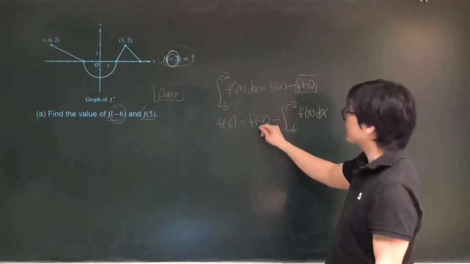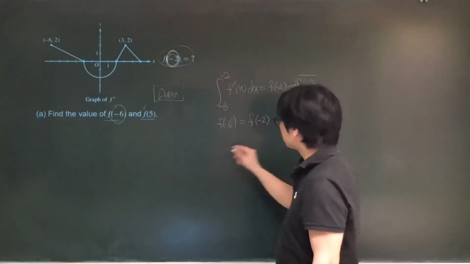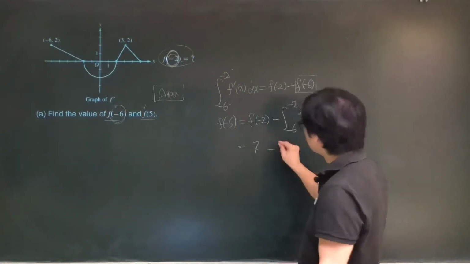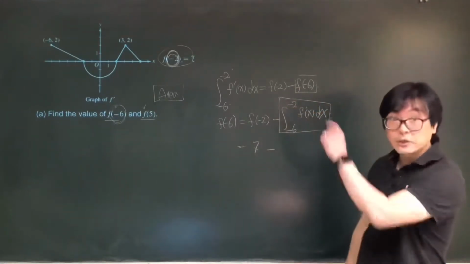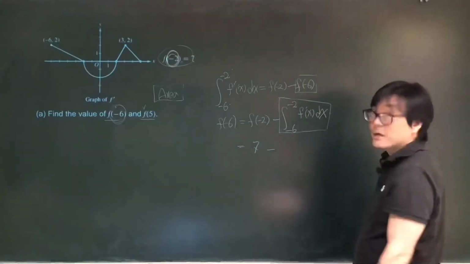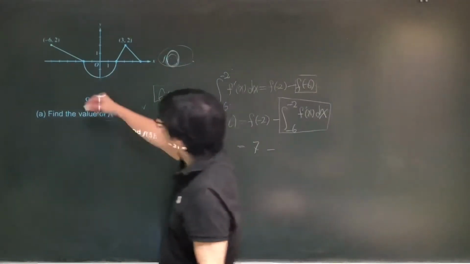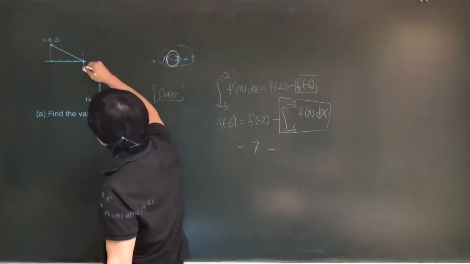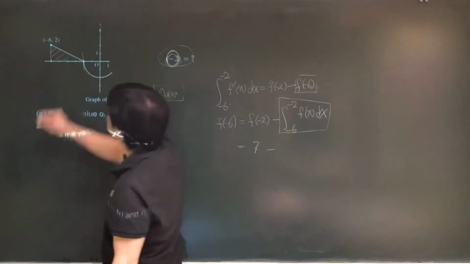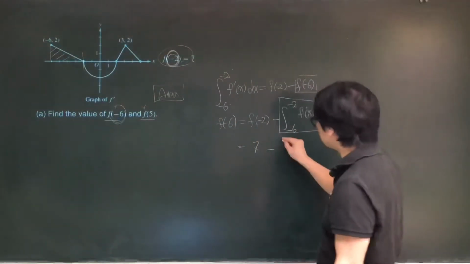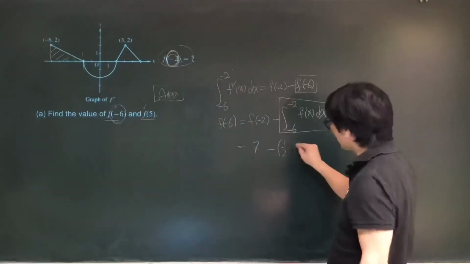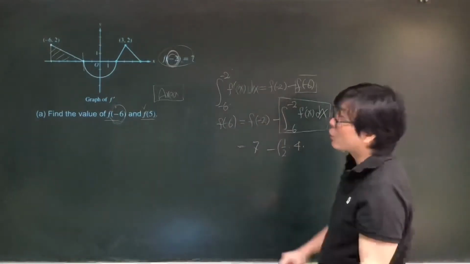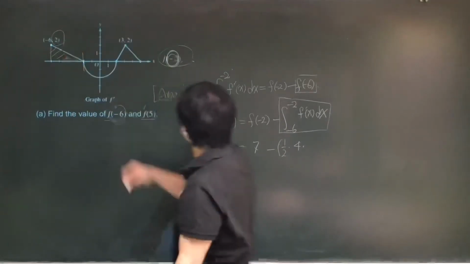Okay, so what is f of negative 2? It's given as 7. We have 7 here. And now, what is this? This is the area underneath the curve from negative 6 to negative 2. We need to find this area, which is just a right triangle. Easy. Half base, from negative 6 to negative 2, is 4, and the height, the y component here, is 2.